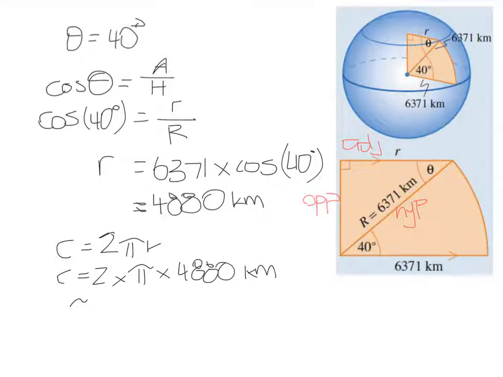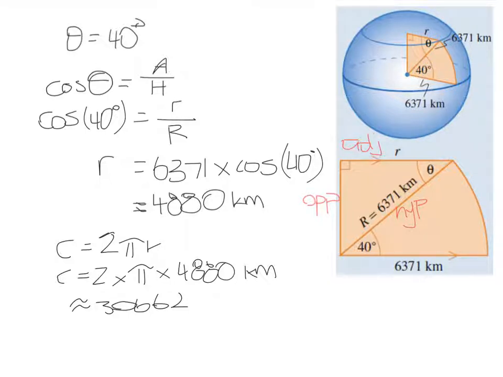Okay, and that's going to equal 30,662 kilometres. Now, that means we know the circumference of that parallel.